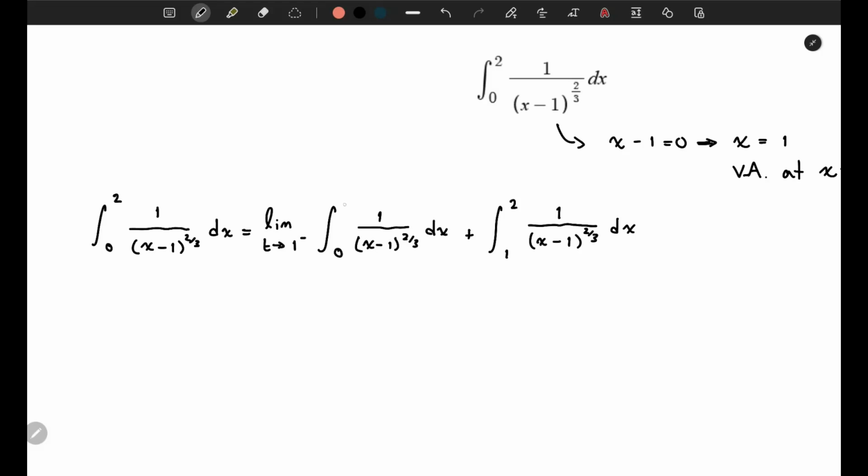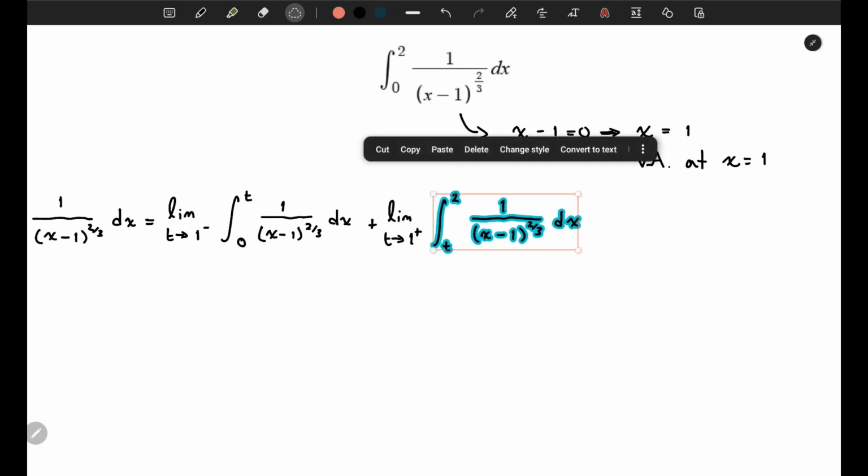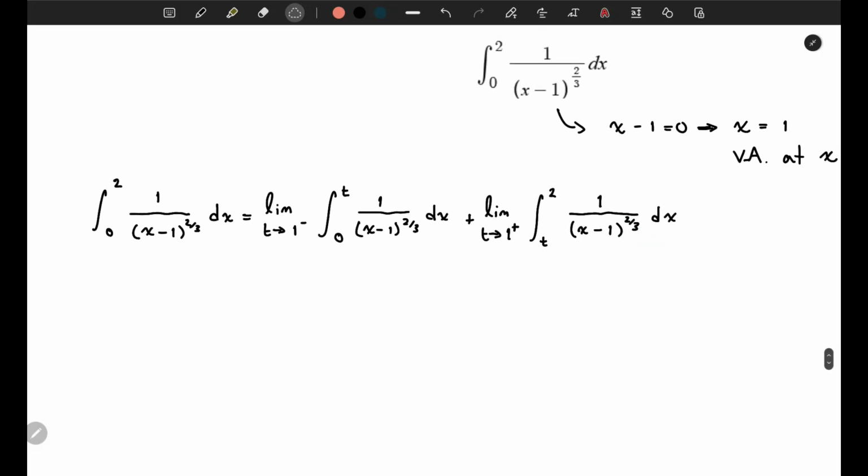So this would be t now. And we'll do the same thing here: limit as t approaches 1 from the right side. That would be 2, and this would be t. Just like so. So there we have it.